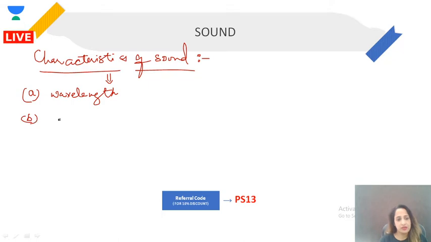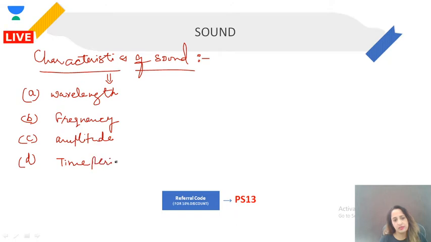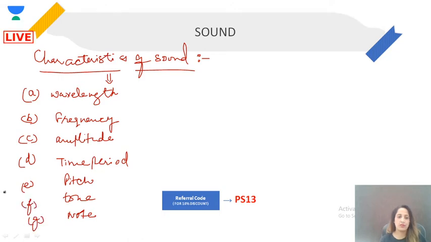B, frequency of sound. Then amplitude of sound, and then we will also discuss time period. We will discuss what is pitch, what is a tone, what is a note, right? These are the points that we will be discussing when it comes to the characteristics of sound.